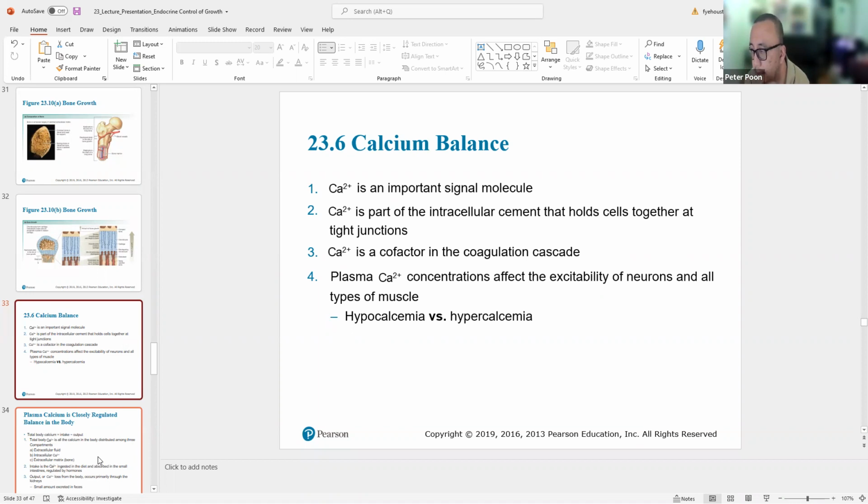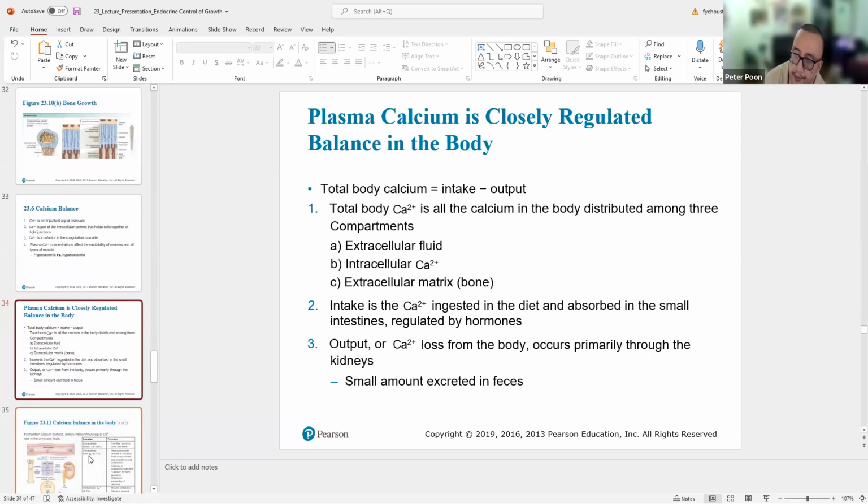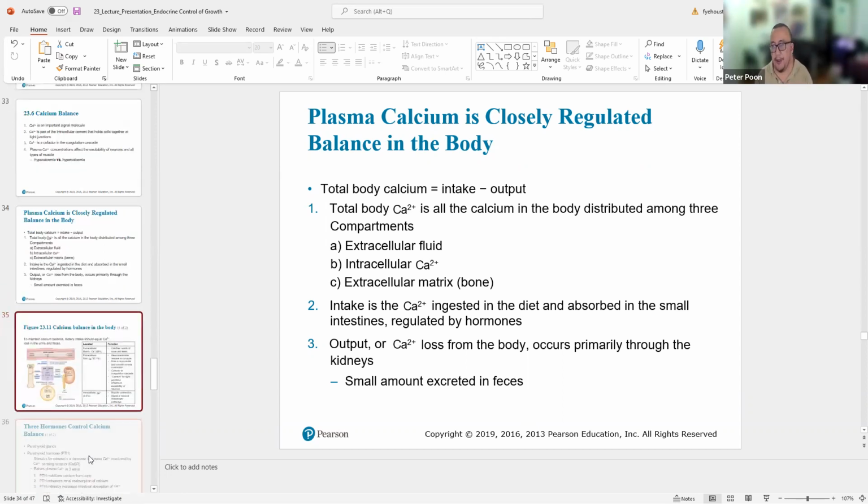Plasma calcium levels influence the excitability of neurons and all types of muscles. Too much calcium will increase excitability, and too little calcium decreases excitability.